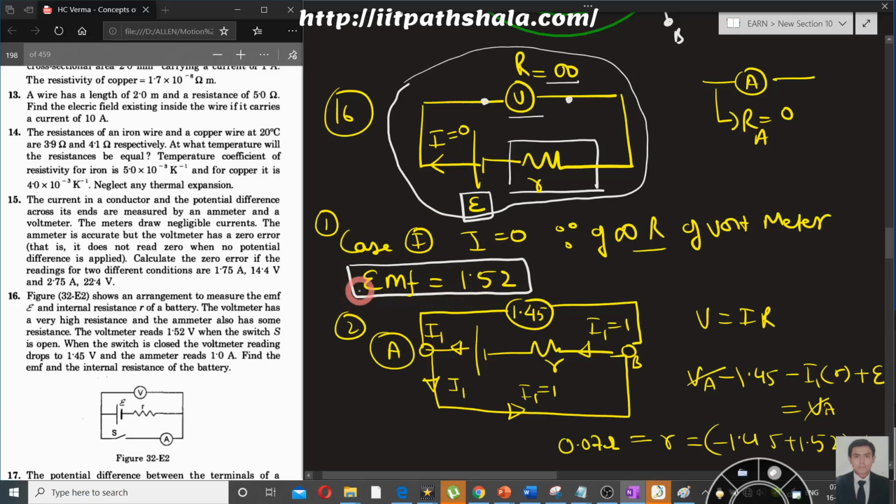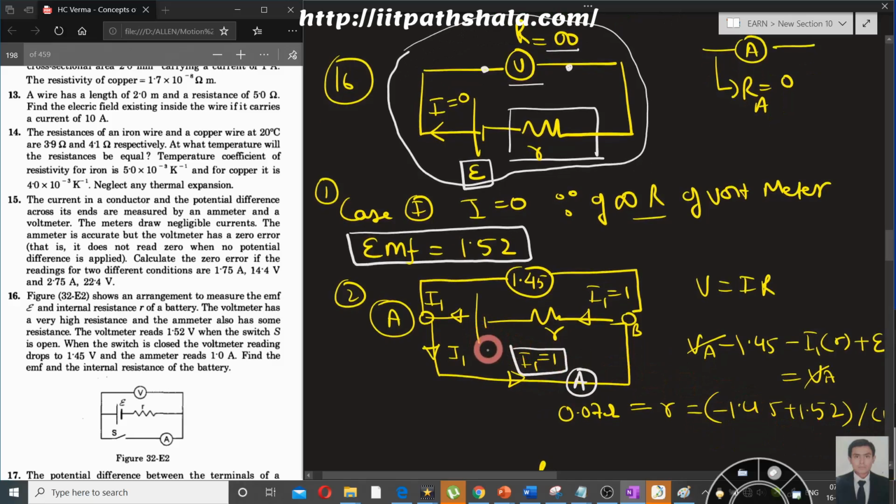So the EMF comes out to be 1.52. Now if we take the second case, where the voltmeter was reading 1.45 volt as a whole and the ammeter was reading 1 ampere current when the switch was connected, then I can say that the current delivered by this EMF goes directly toward the ammeter side, because it has zero or very small resistance relative to our voltmeter, which carries a very large resistance, let us say infinity.